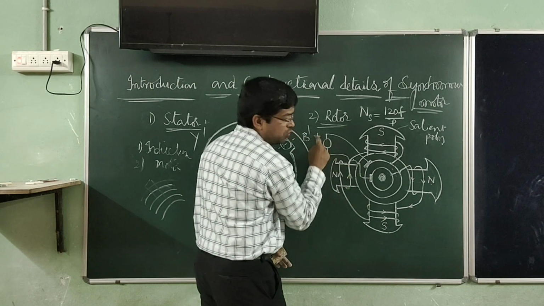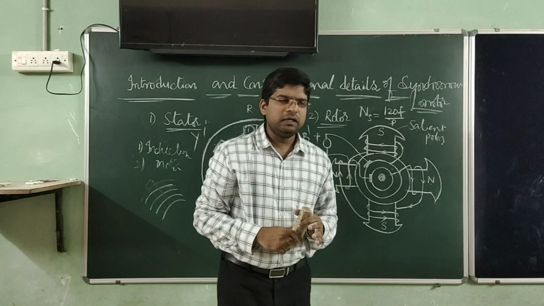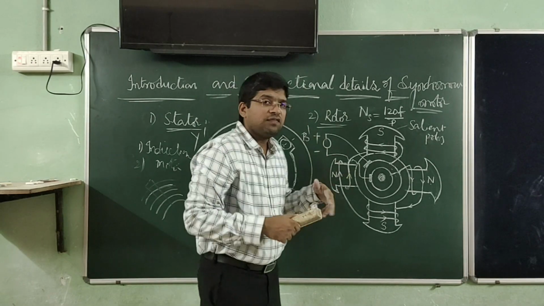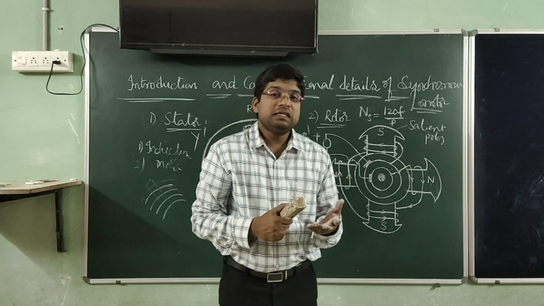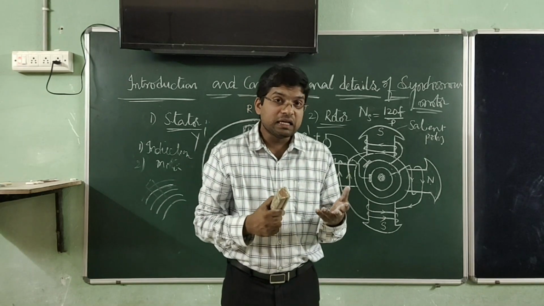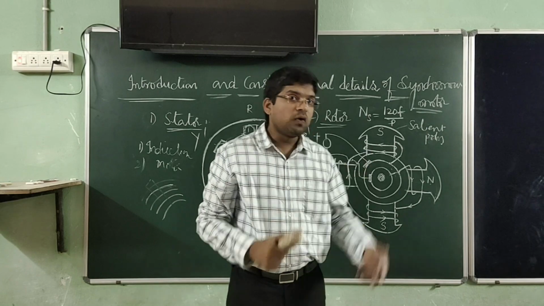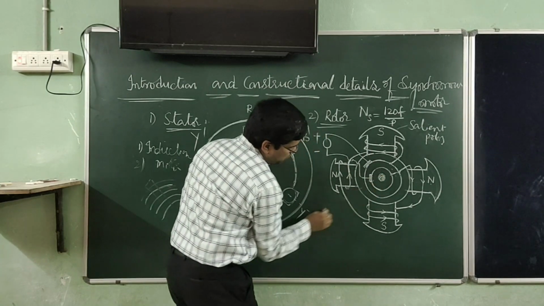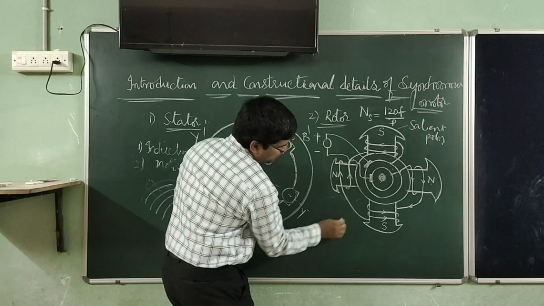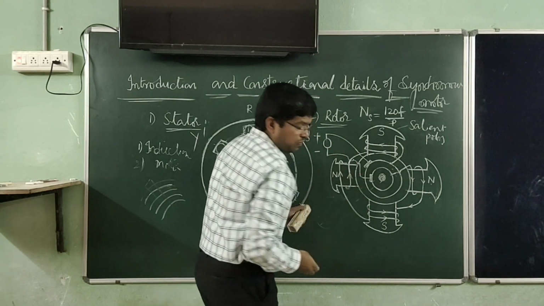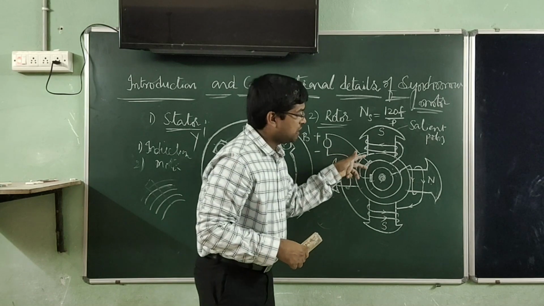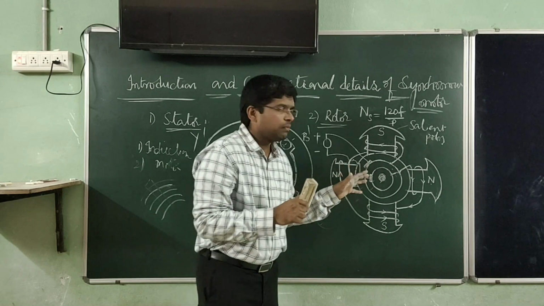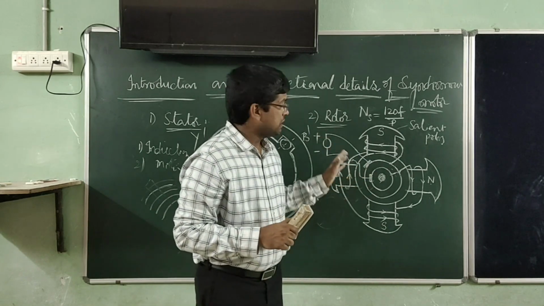The DC source is in different forms, that is, it is given by either a DC shunt generator or a DC compound generator, which is mounted on the shaft. From this DC source, supply is given to the field winding. So this is about the rotor of the synchronous machine.